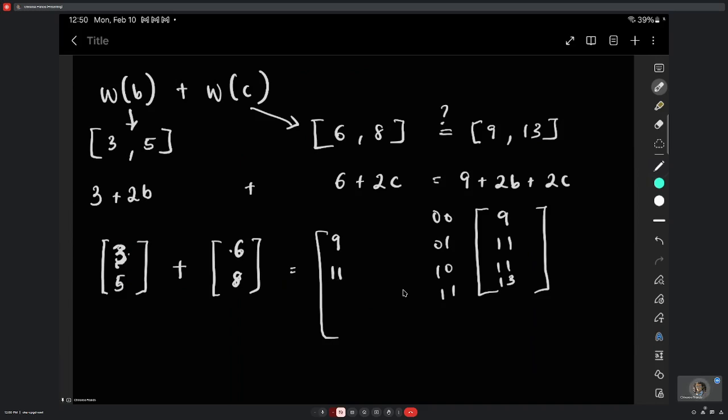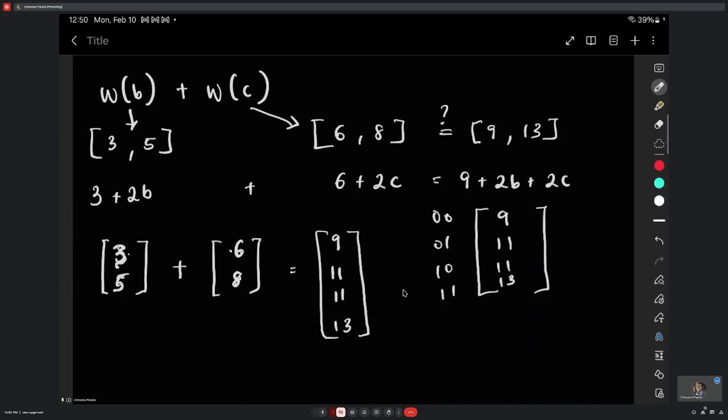Then we come to 5. I call it tensor addition. We add 5 to 6, we get 11, and we add 5 to 8, and we get 13. This was the pattern he saw.